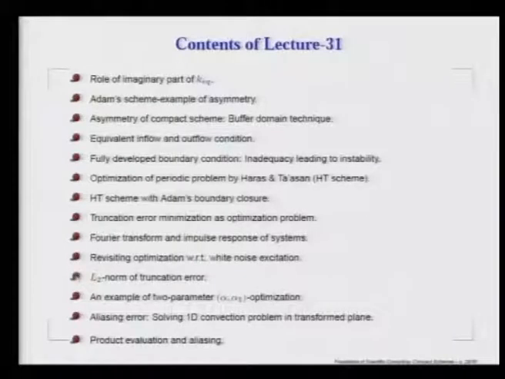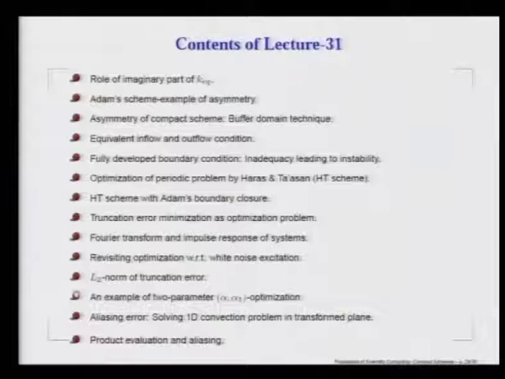Having defined the mean square error through this norm, we can develop an example, introducing the optimization problem as a 2 parameter problem, using the grid search technique to identify the optimum values of these 2 parameters. This will conclude our discussion on developing optimum schemes for compact scheme methodologies.